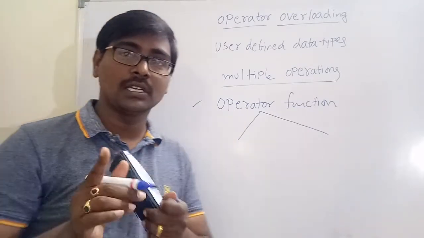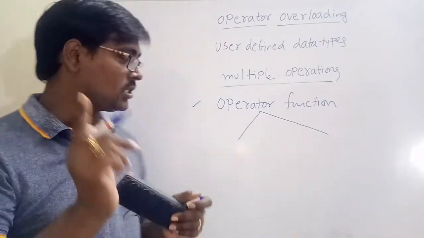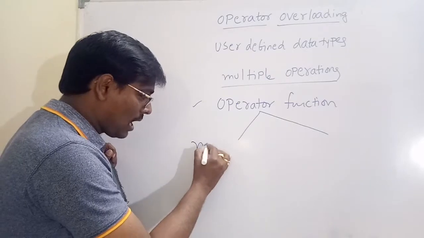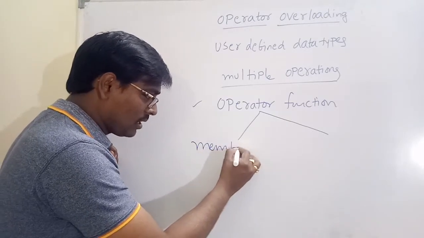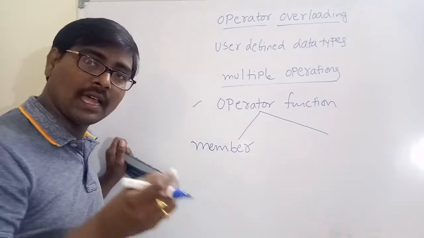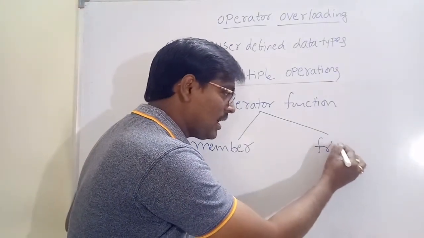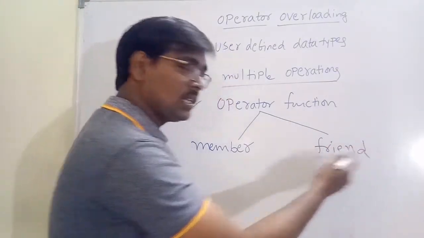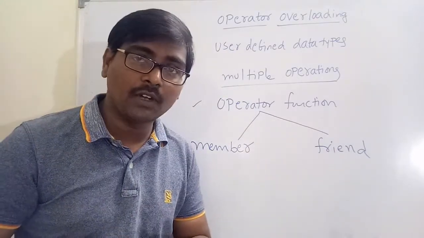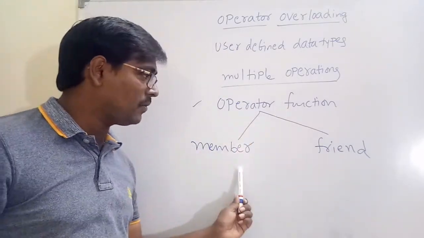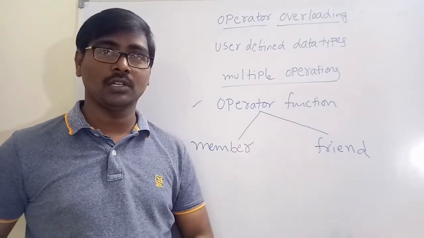An operator function is created by the user in two ways: as a member function or as a friend function. That is our wish.